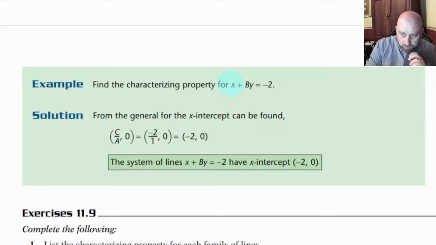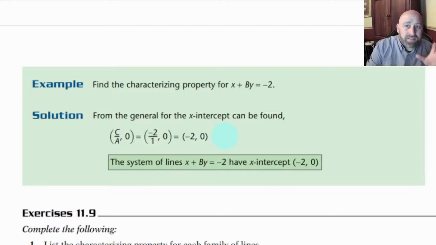And so when we do that, we can't divide by the b. Why not? Because that's a variable. We don't know what that is. But the x doesn't have a variable in front of it. So when we put the c over the a, we end up with negative 2 over 1, and we find out that the x-intercept is negative 2, 0.